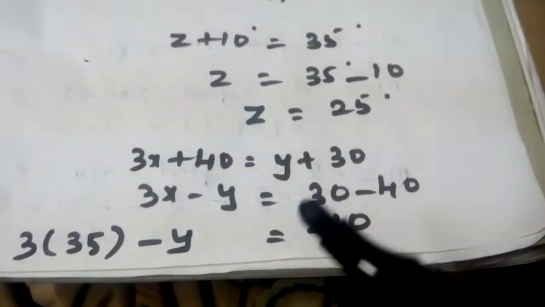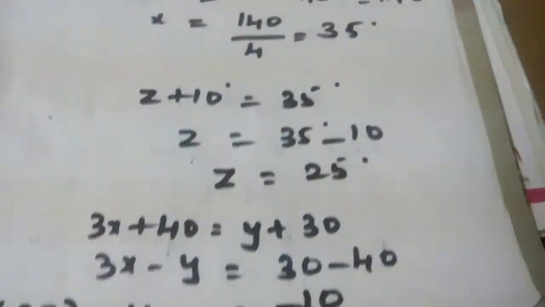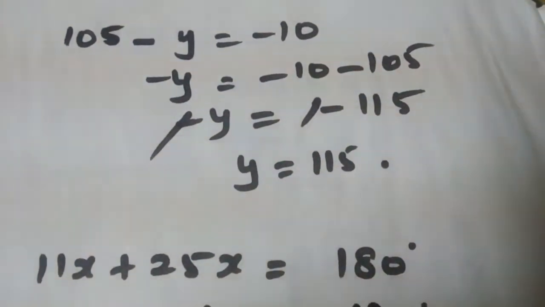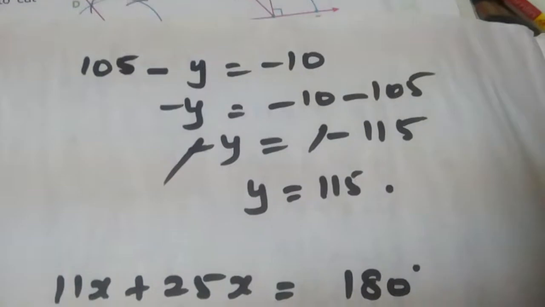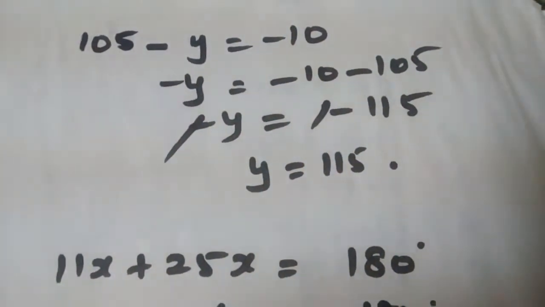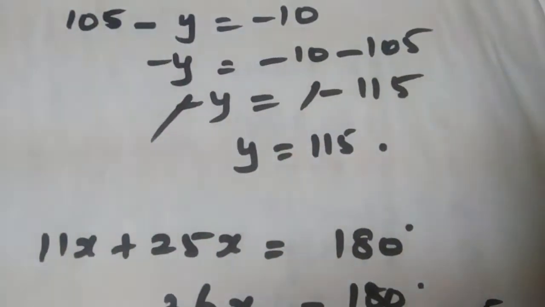Then we find 3 into 35 minus y, which is 105 minus y, equal to minus 10. Then minus y is equal to, if that 105 goes that side, minus 115. Then we will get the answer y is equal to 115.